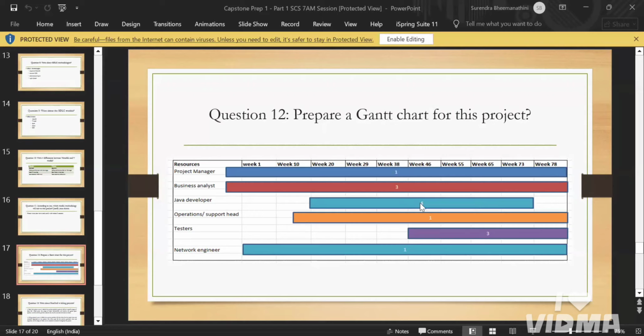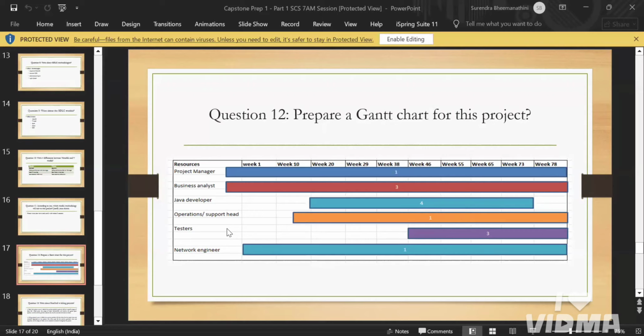So here 1, 3, 4 is nothing but the project manager, one person is involved, and for the business analyst, if the organization has three business analysts, you can write down three. Based on the number of Java developers and business analysts, whatever the number is, it is written based on the organization, or how many members there are for each resource.